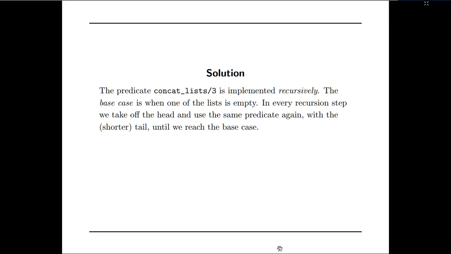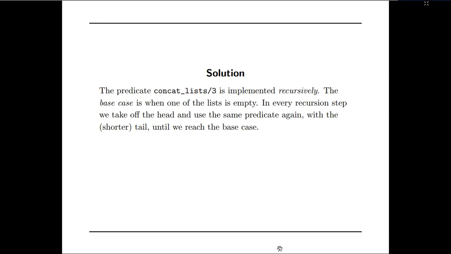The base case is when one of the lists is empty. In every recursion step we take off the head and use the same predicate again with the tail until we reach the base case.